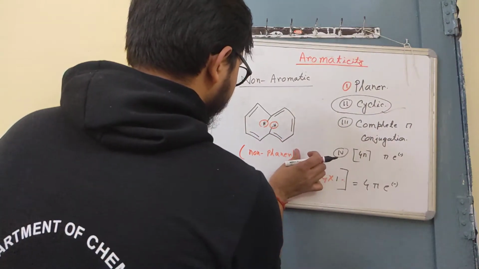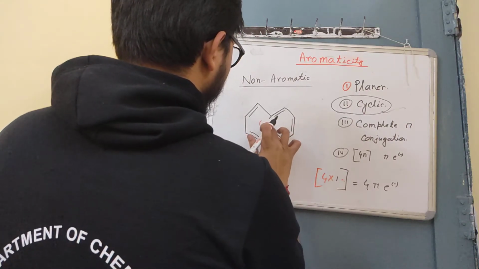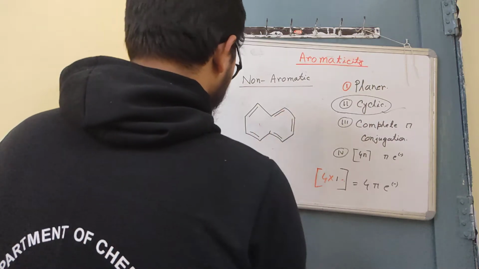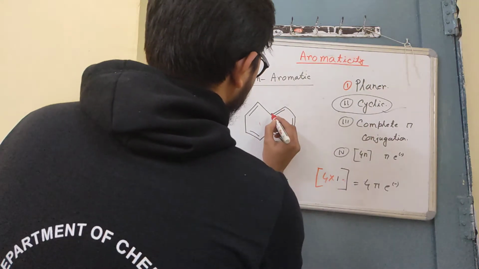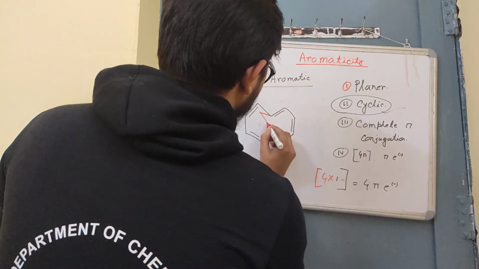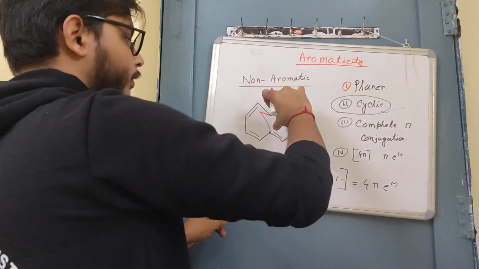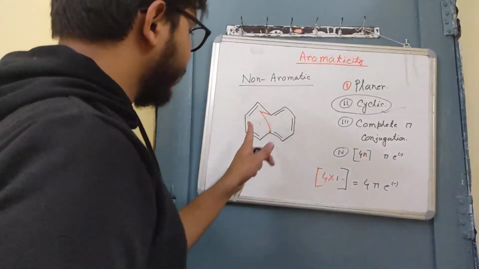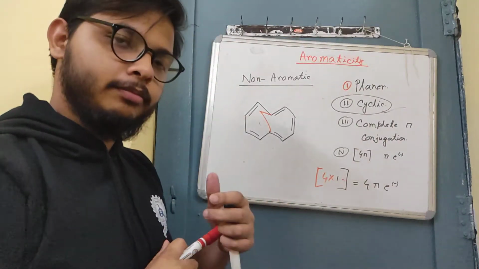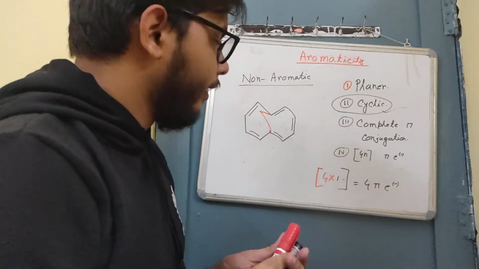Now replace these hydrogens with a bridge. We can put a CH2 here, so there will be no hydrogens. So this is an aromatic species. Clear?